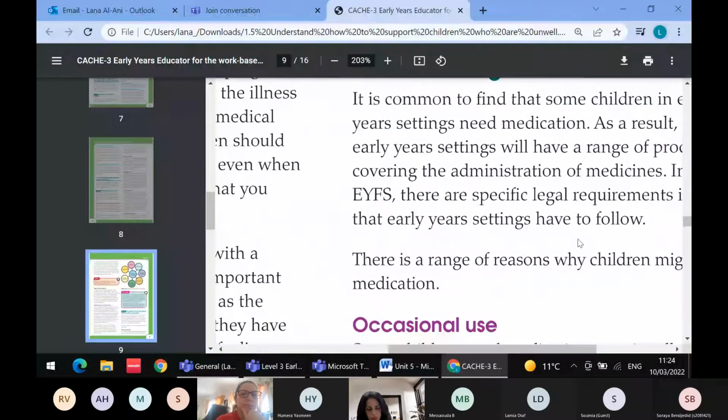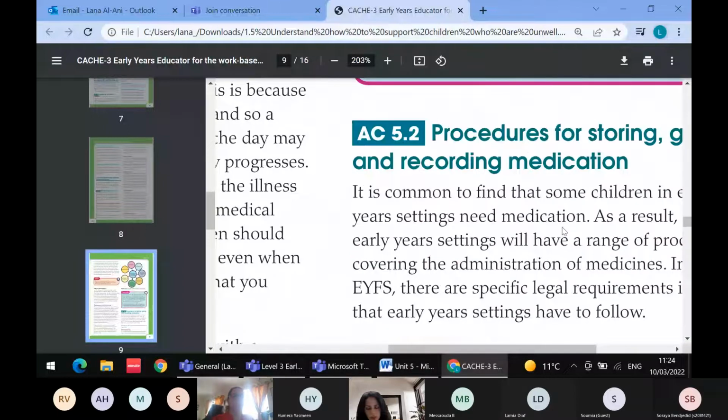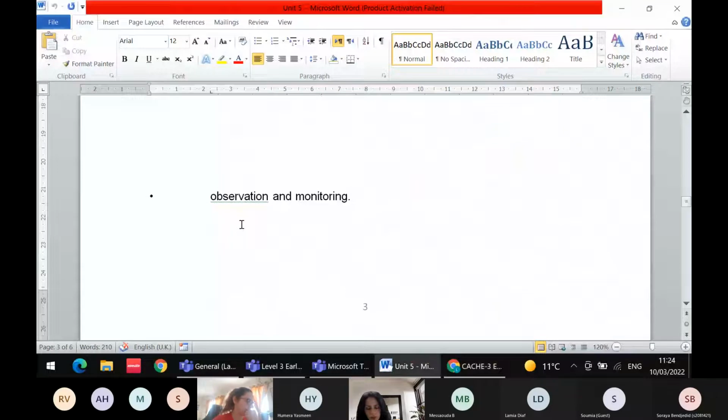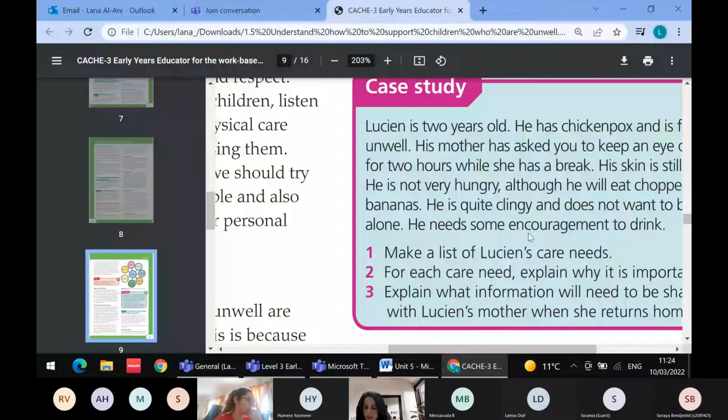Okay, so all this observation and monitoring. Here, if you can have a look as well, we monitor the child's temperature, fluid intake, skin color, and also responsiveness, changes in their illnesses like coughing, sudden vomiting, and passing of urine is very important.